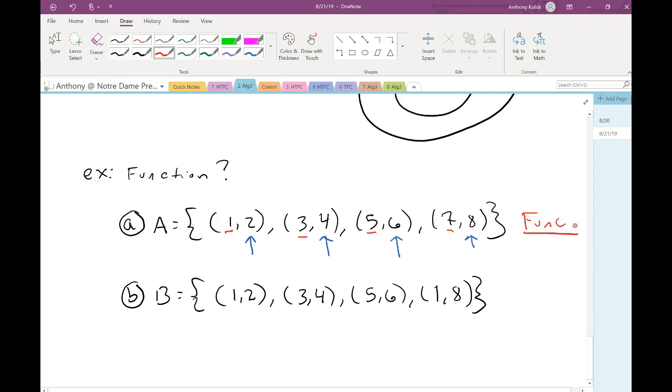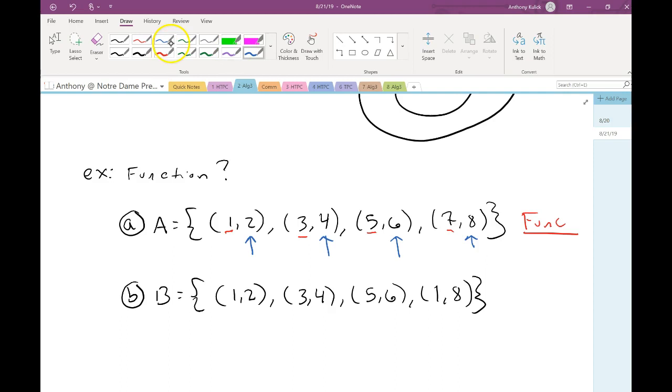The relation B contains the ordered pairs (1, 2), (3, 4), (5, 6), and (1, 8). Is this a function? No. What is the issue?